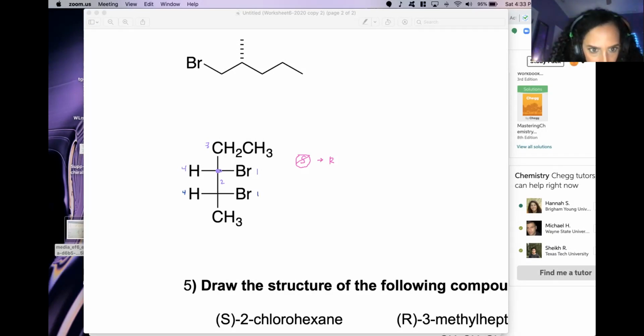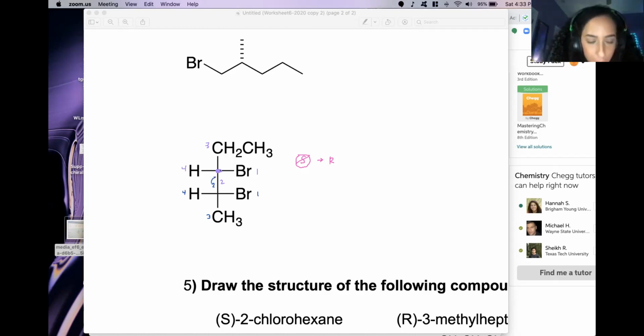All right. So we're going to look down the bond. This one seems easier because this is C whatever, and this has 3 H's. So you can just put that as 3. And this is 2, right? Yeah, okay, I'm following. Yeah, because that is this carbon right here.